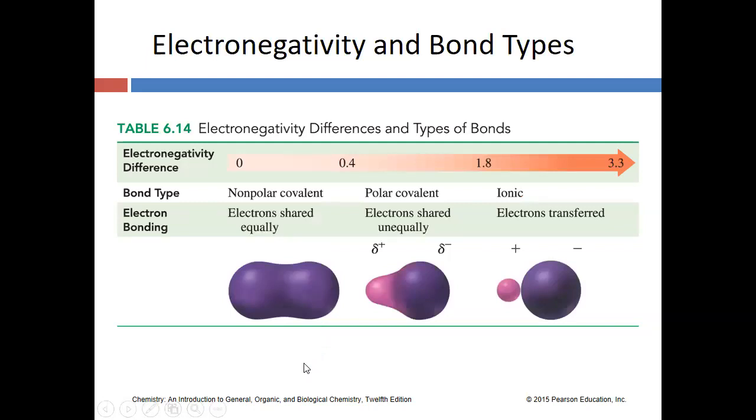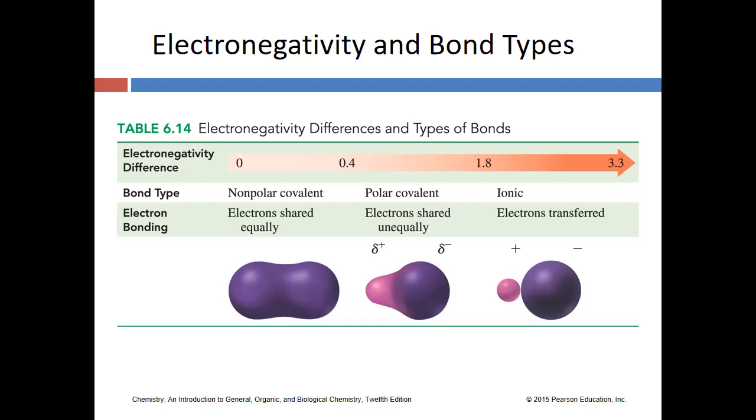So this is just a visual representation. Sometimes we will use these color maps to help us show the evenness or unevenness of sharing. In nonpolar bonds, generally speaking, the colors are pretty neutral, even across the molecule.